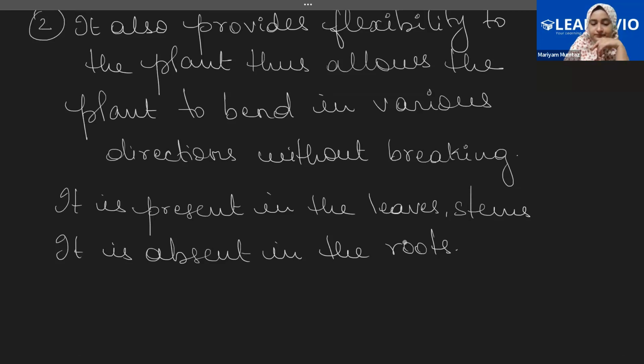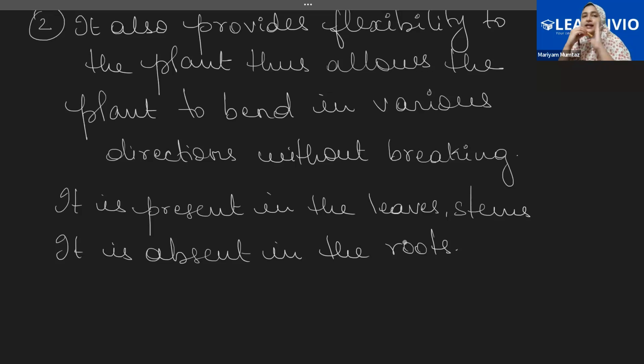Now see, apart from all of this, another thing is very important in terms of the collenchyma. Remember that even though it is living, it provides strength. Mostly we have studied that plant tissues get modified to provide structural support to the plant.